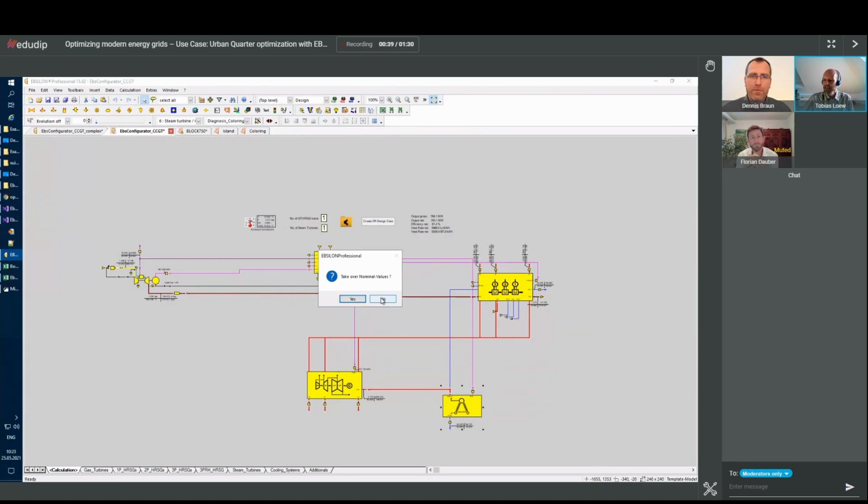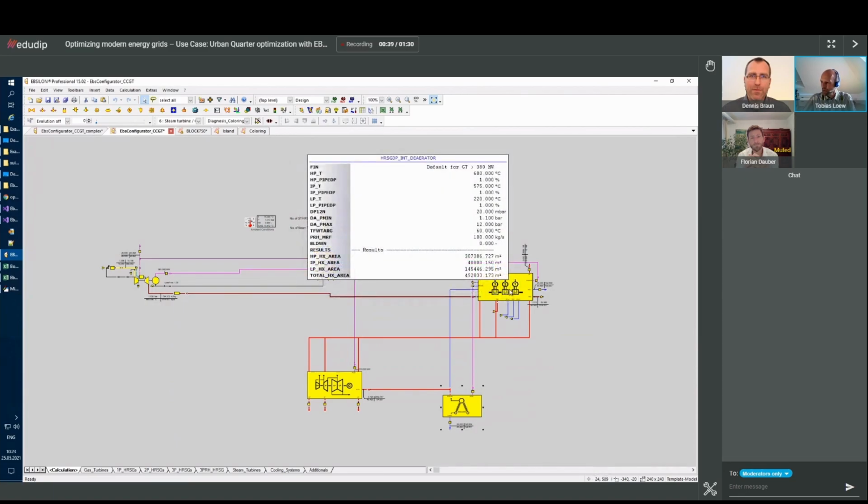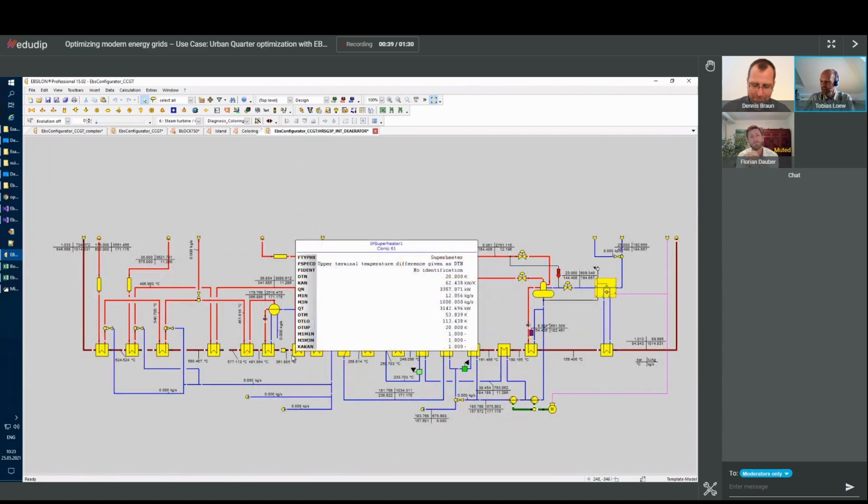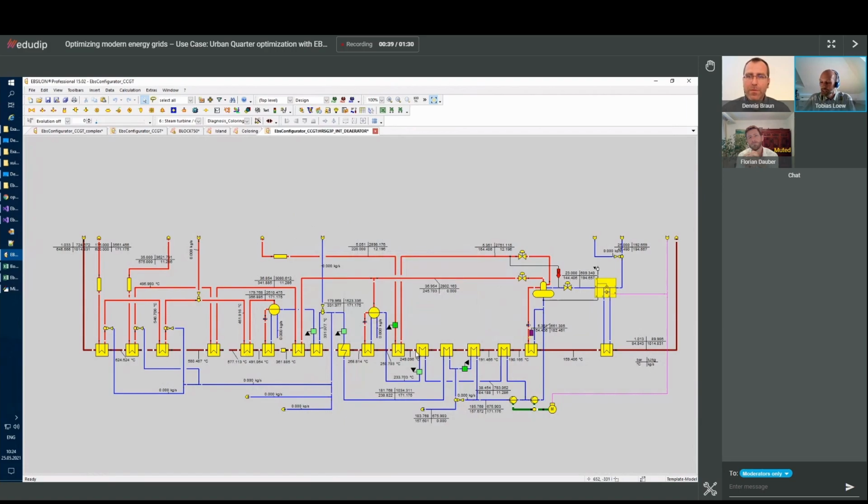And of course, those are not black boxes. Those are called macros, and macros are part models to give you a better overview of your model, and you can step inside and see this is the HRSG that's really calculated.